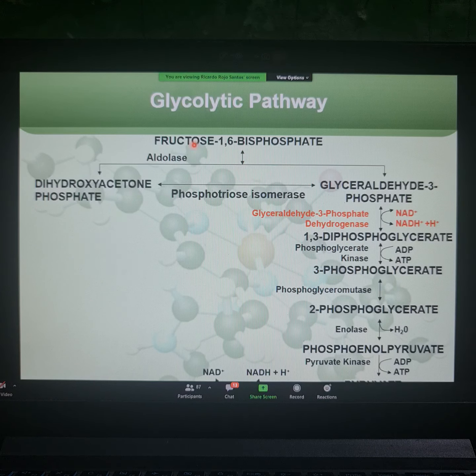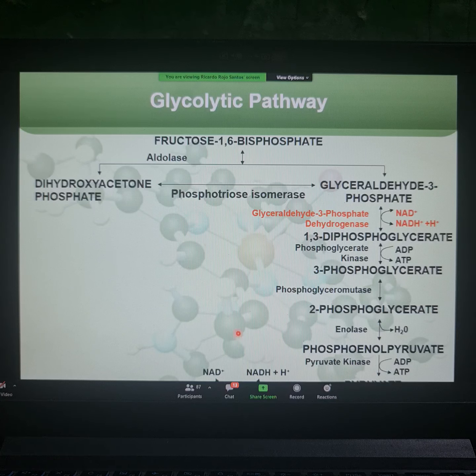Isn't it that fructose is converted to two trioses? Okay? And that dihydroxyacetone phosphate is converted to glyceraldehyde 3-phosphate. So from here on, there are two glyceraldehyde 3-phosphate molecules that you degrade in the energy recovery phase.